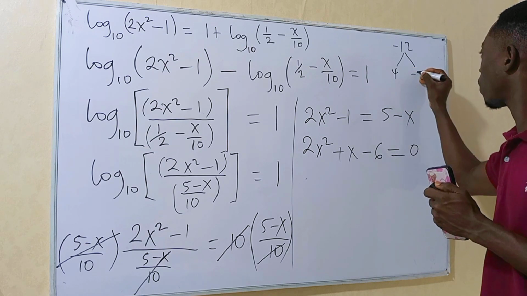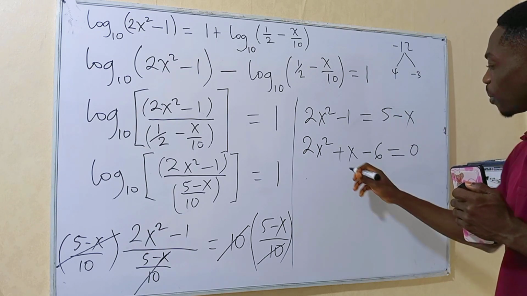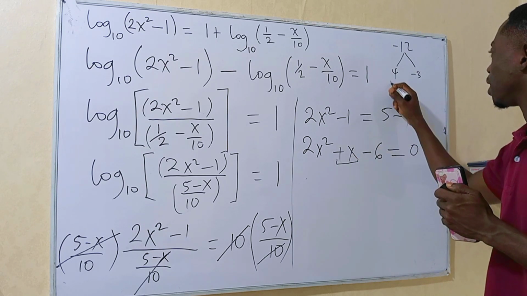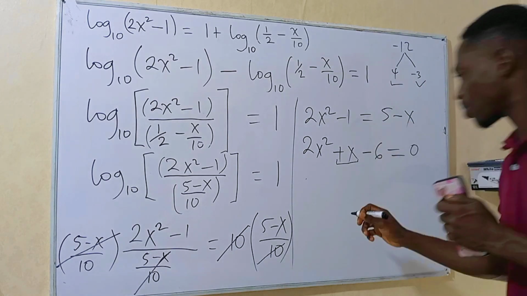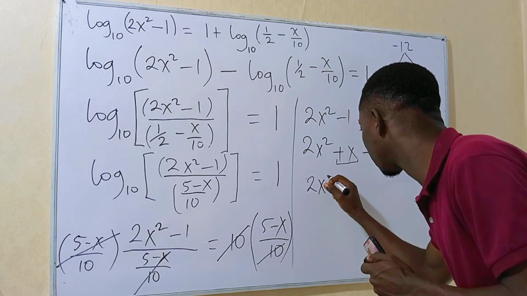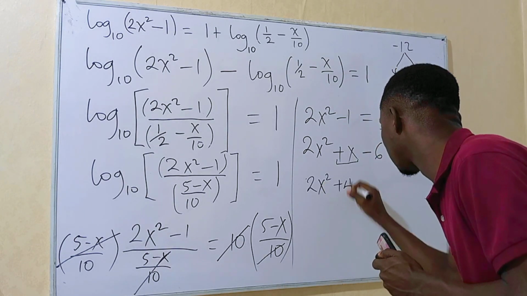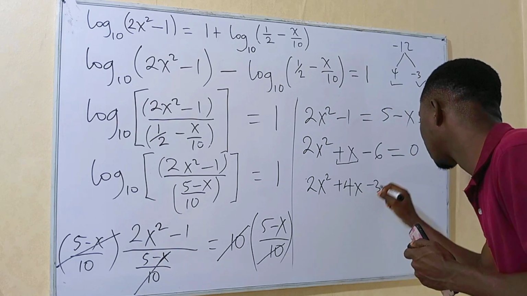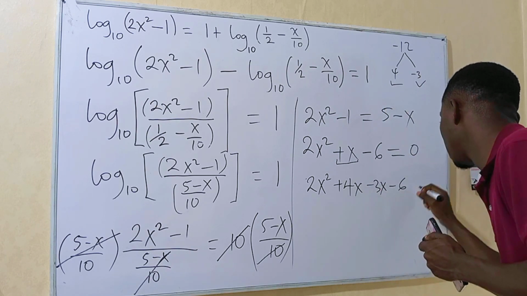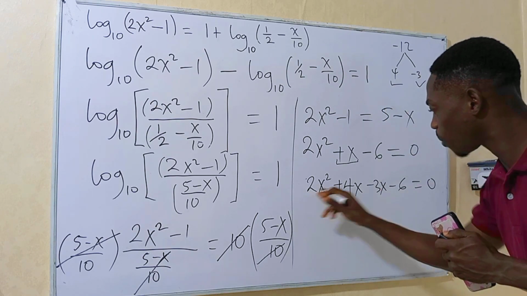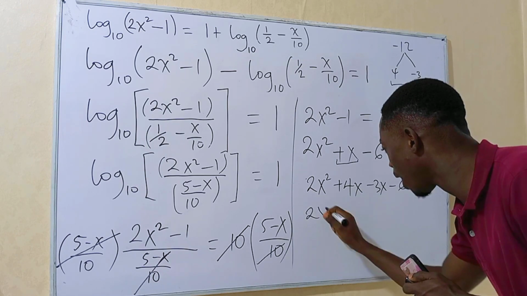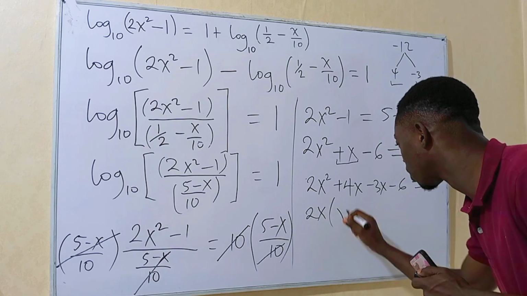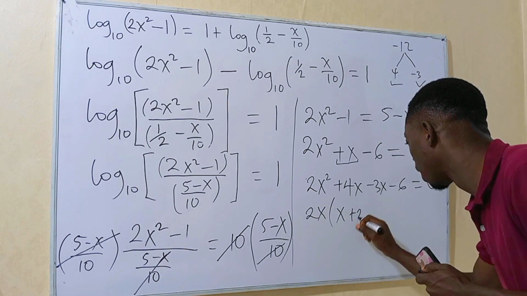It's going to be 4 and negative 3. So I'm going to replace this x right here with these two factors. So we are going to have 2x squared plus 4x minus 3x minus 6 is equal to 0. From these two terms, 2x is common, so I will take it out and we are left with x plus 2.